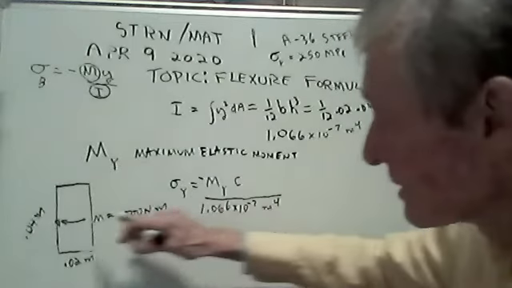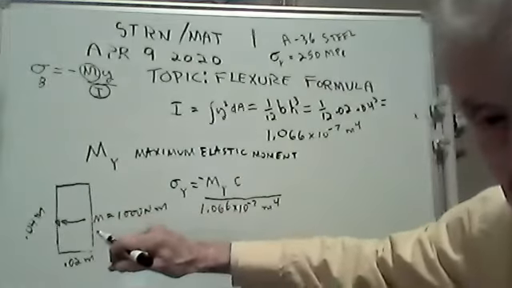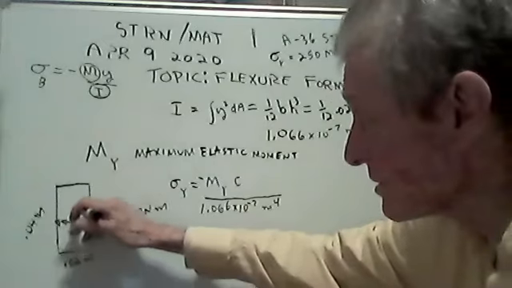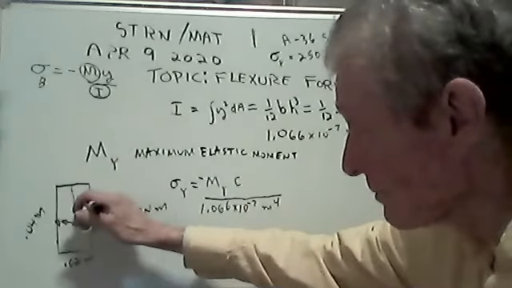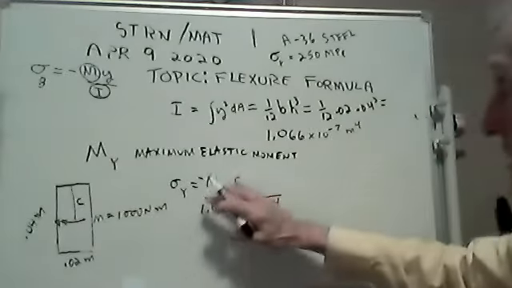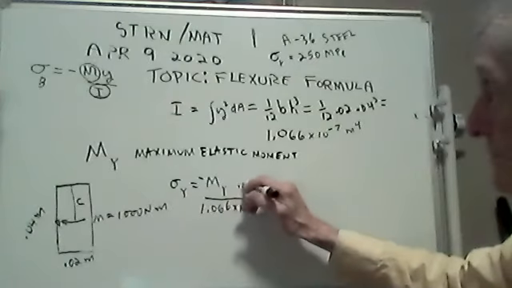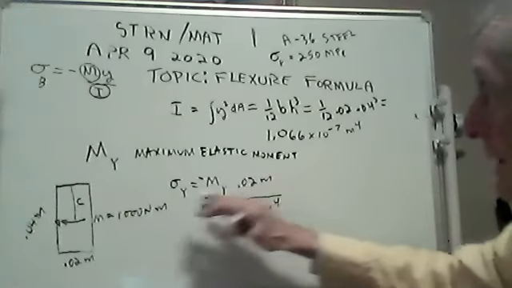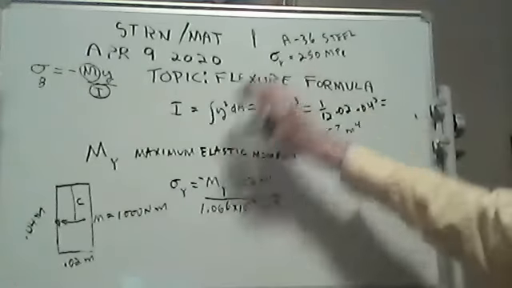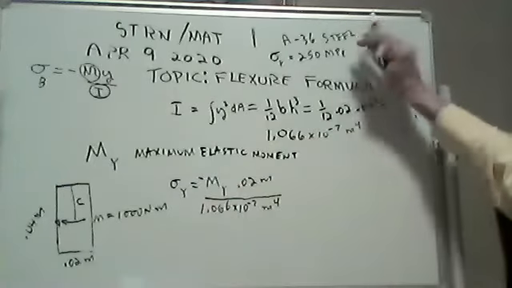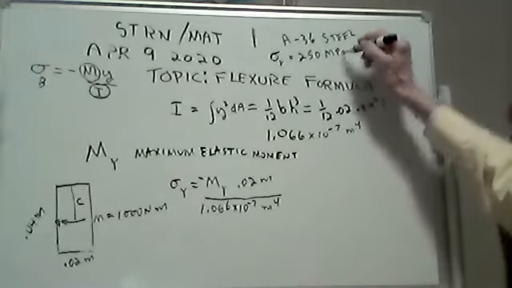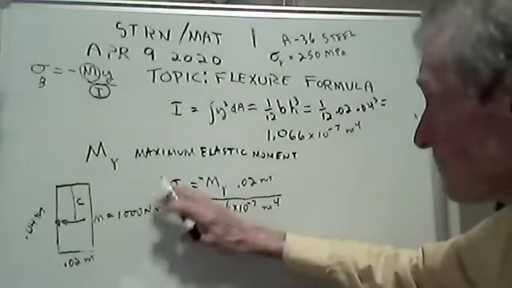And I know what C is. We've talked about C. It's just the maximum distance to the top or the bottom. In this case, they're the same, so that would be 0.02. And this we know for A36 steel, it's 250 megapascals. So we'll put that in right here.